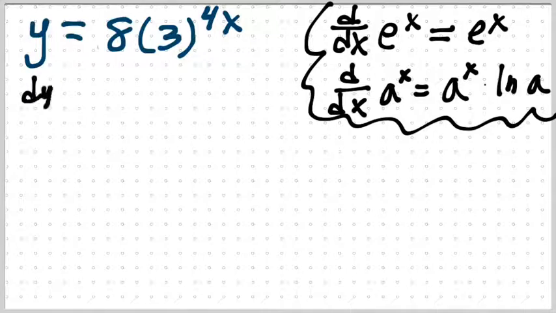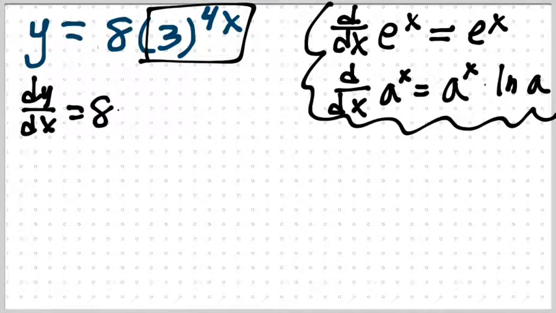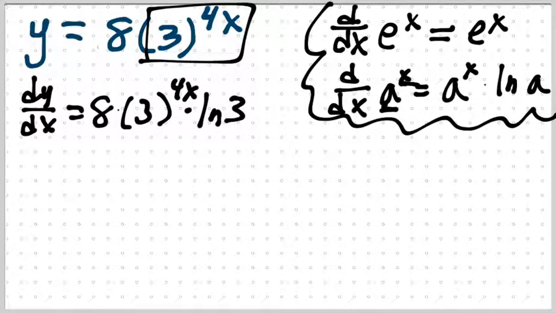Once again, the 8 is a constant multiple. 3 to the 4x would be 3 to the 4x times ln of 3, but this is just for x. If that's something else, multiply by its derivative, which is 4.